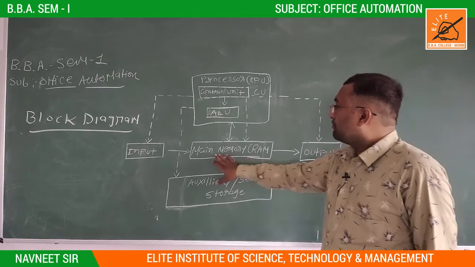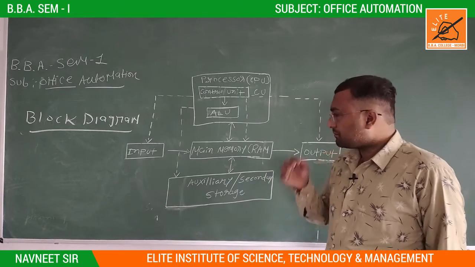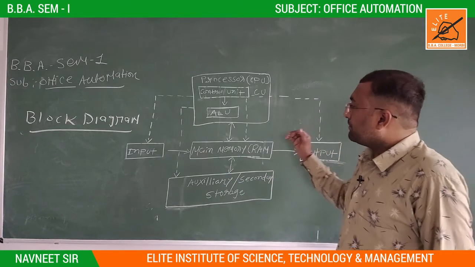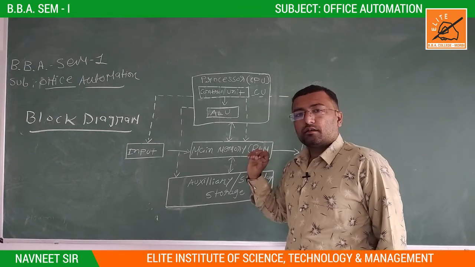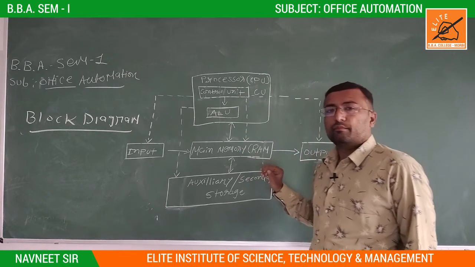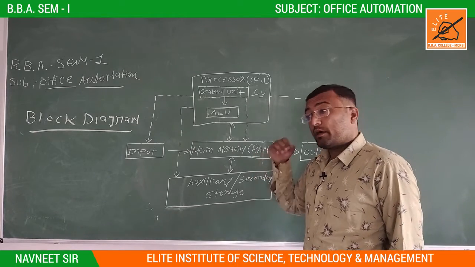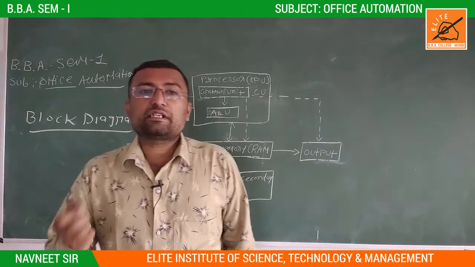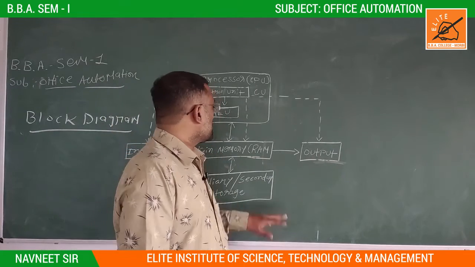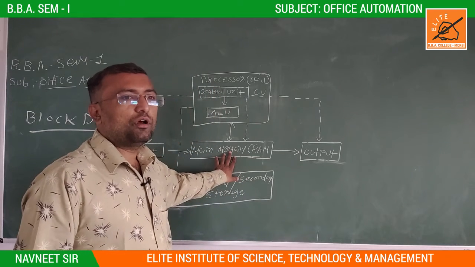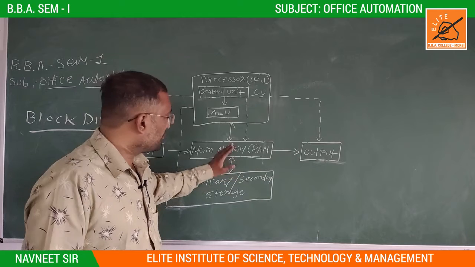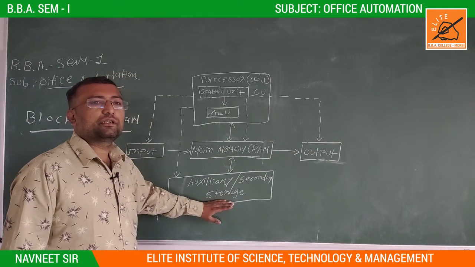Then main memory, that is RAM. RAM is random access memory. Whatever program we start is first loaded in RAM or main memory from the secondary storage device.